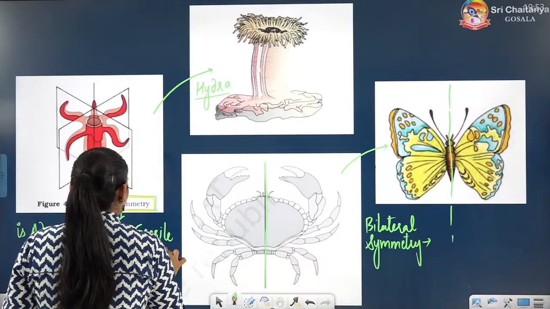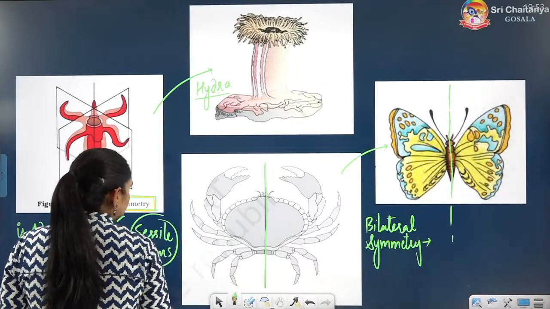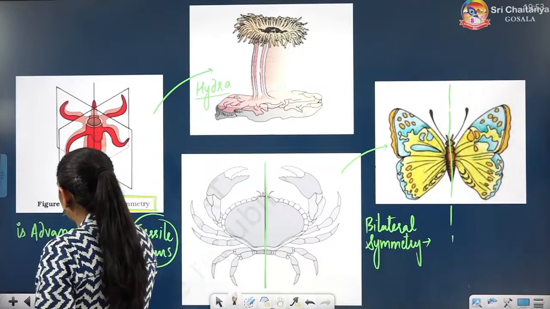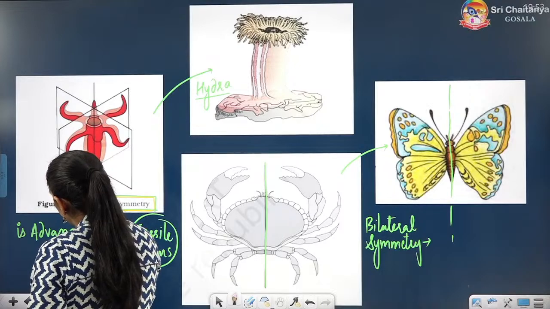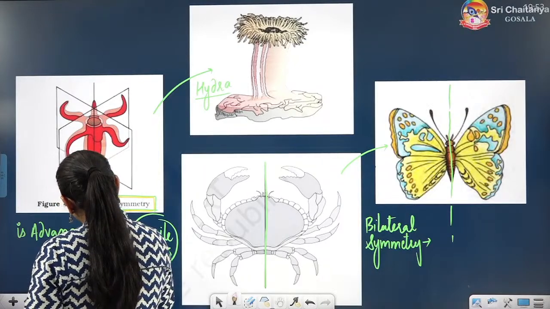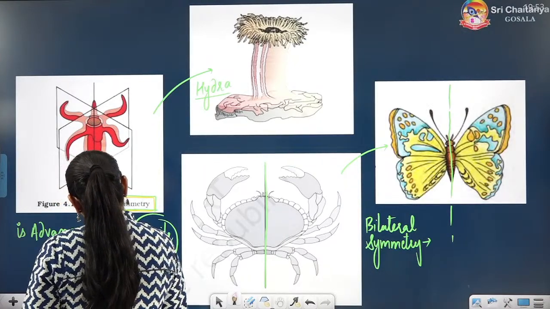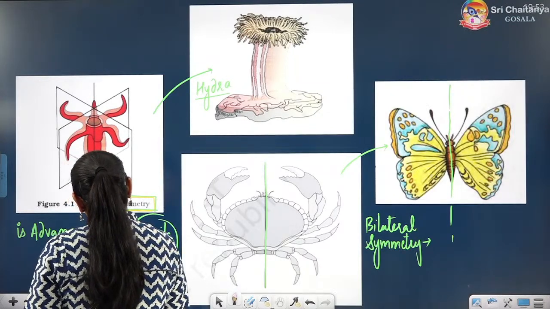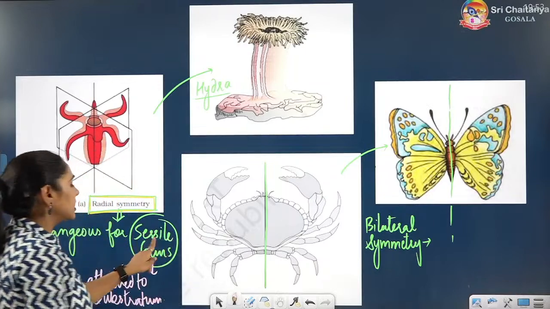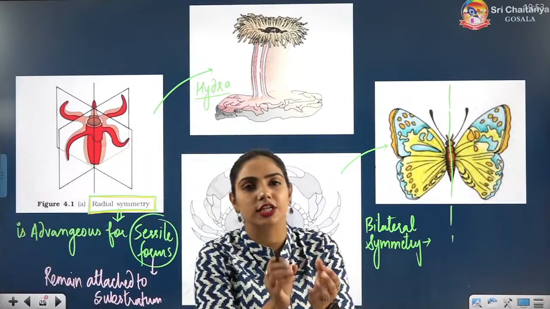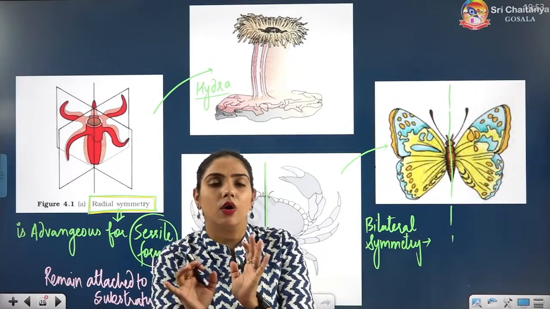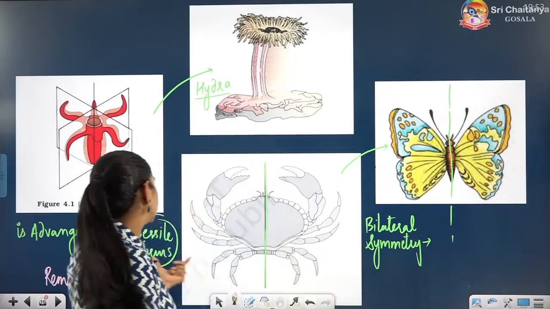Sessile forms remain attached to the substratum. What is this substratum? This is that thing to which these animals are getting attached. It can be any rock or any plant. It can be anything.